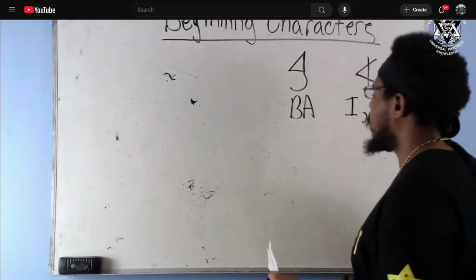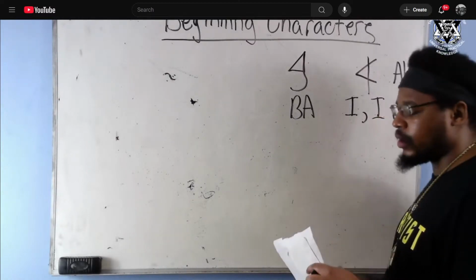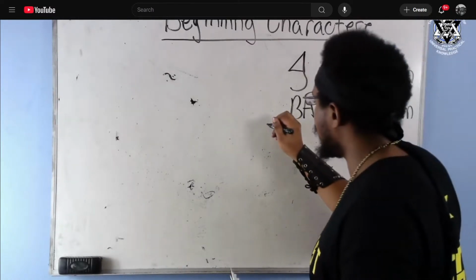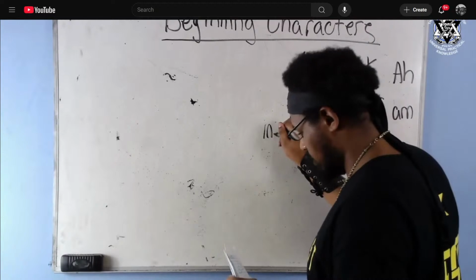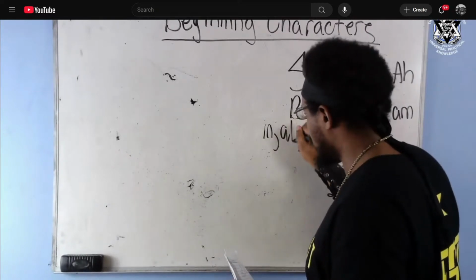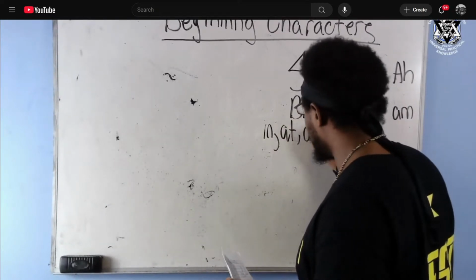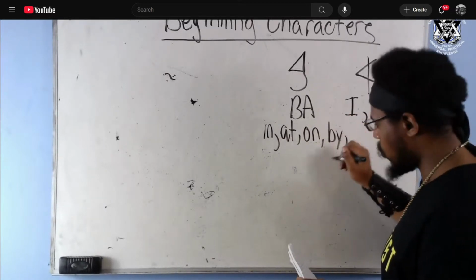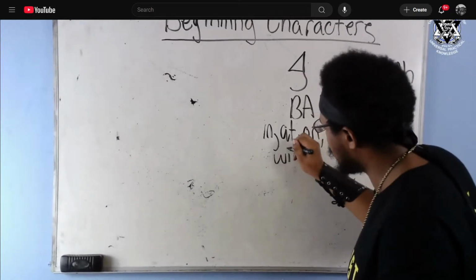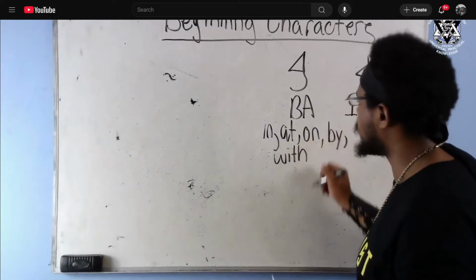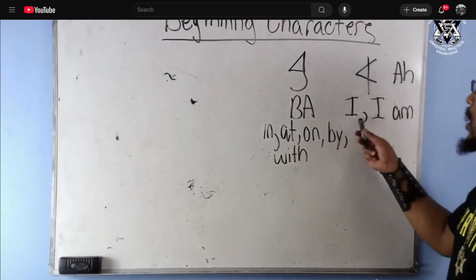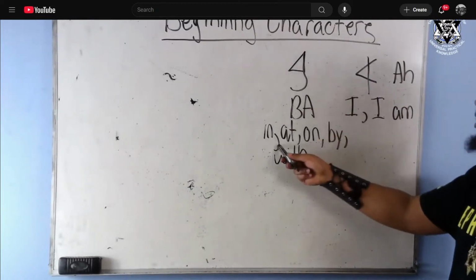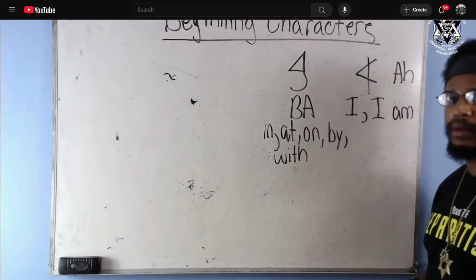When this falls at the beginning of a root word, it can mean in, at, on, by, or with. So A can mean I or I am, and Ba can mean in, at, on, by, or with.